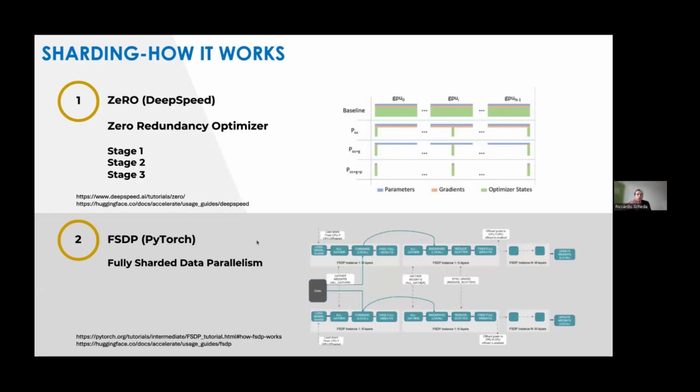As I said, we have two main techniques for model sharding. The first one is called Zero Redundancy Optimizer, made by the tool DeepSpeed, which can also be divided into three different stages, in which the main difference is what you split across the GPUs. And from PyTorch we have fully sharded data parallelism, which we will see in detail in the next slides.